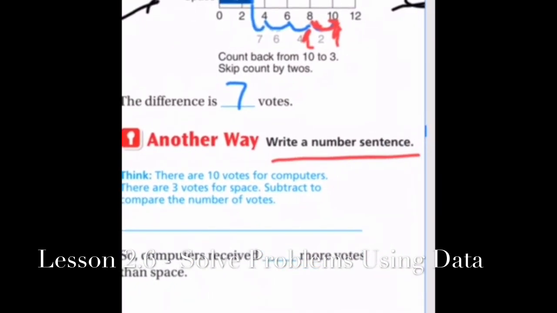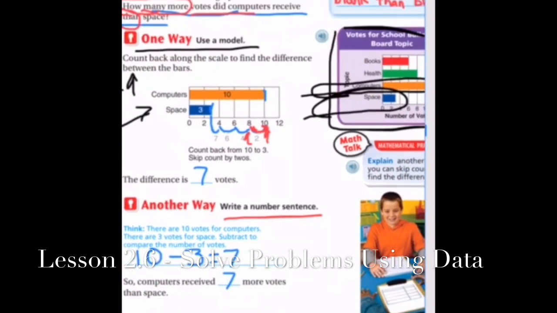We know it's subtraction. There are 10 votes for computers, there are 3 votes for space. In our subtraction, we start with a bigger number. So it's simply 10 minus 3 equals 7. So again, computers received 7 more votes than space.